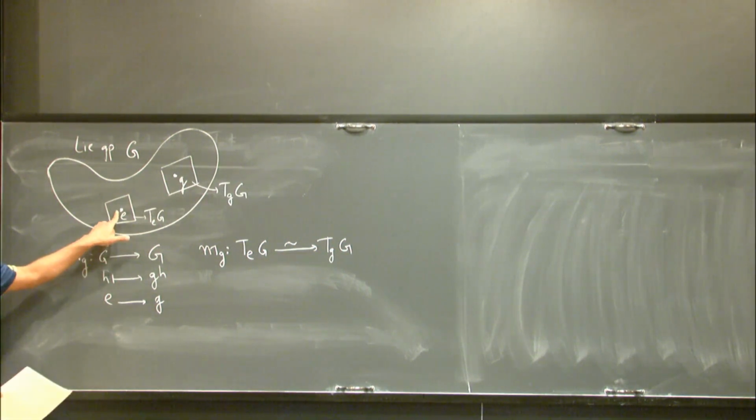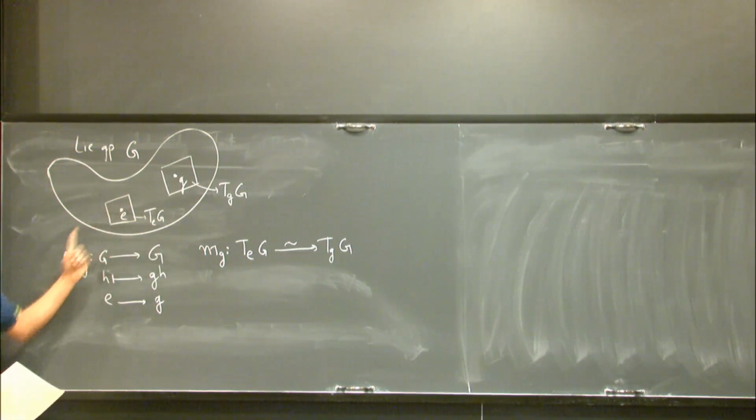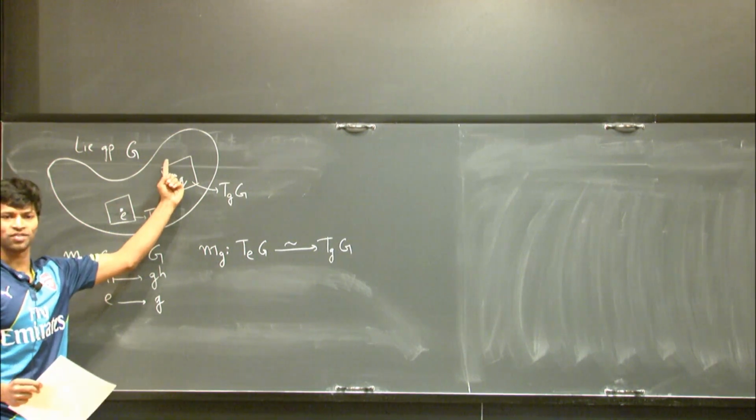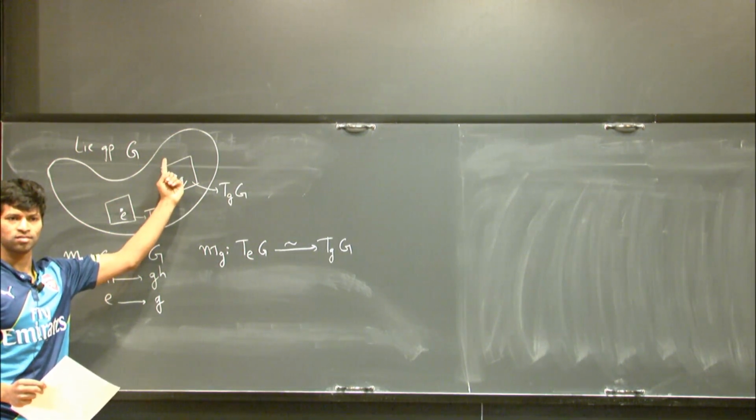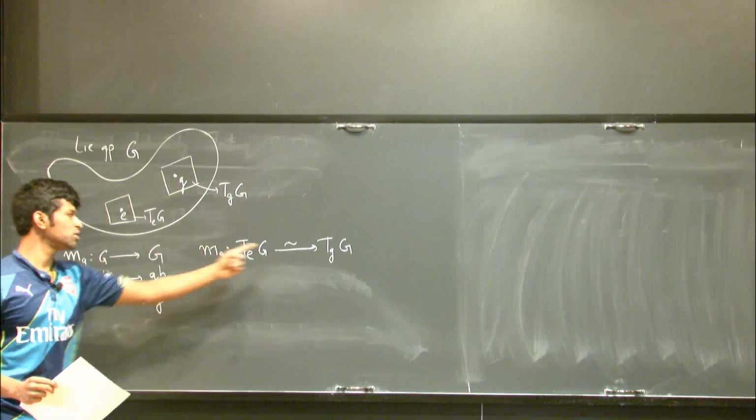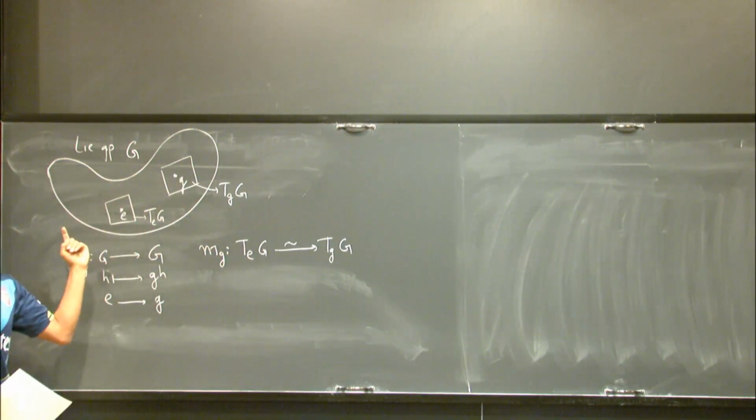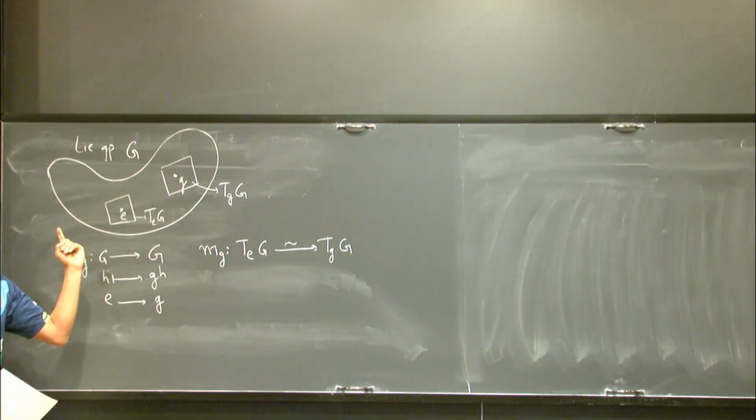Okay. So if you have a tangent vector at the identity and you push it forward with this map, you will get a tangent vector there. And why will it be an isomorphism? Because you can go back by multiplying with g inverse, for example.